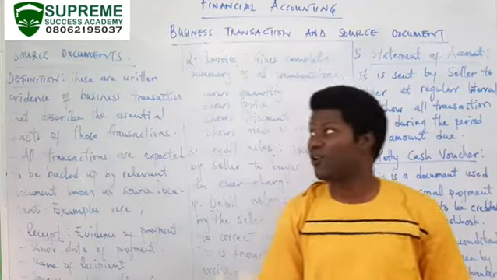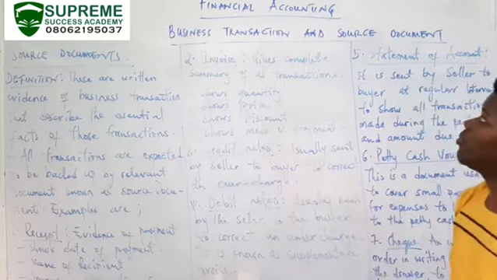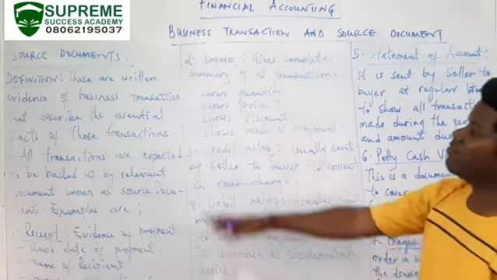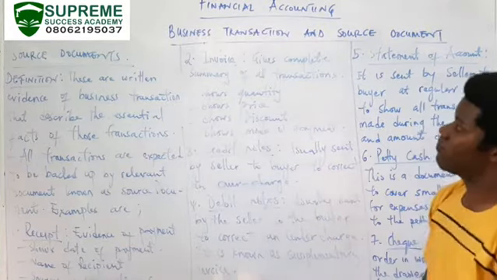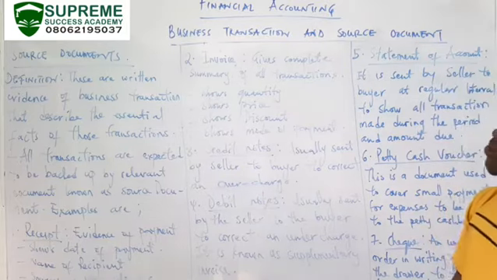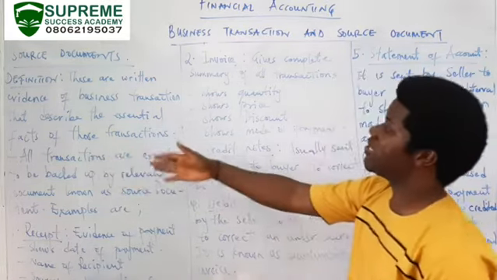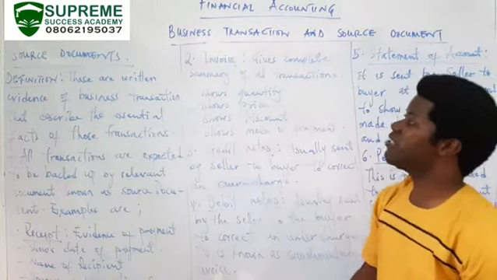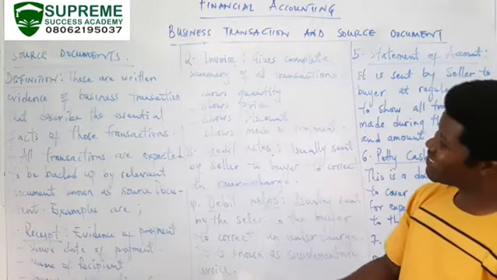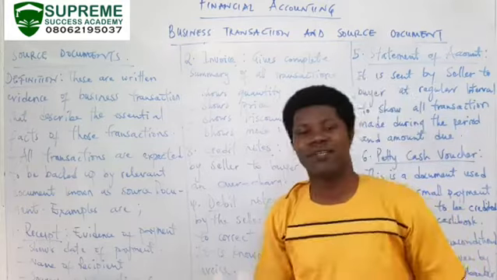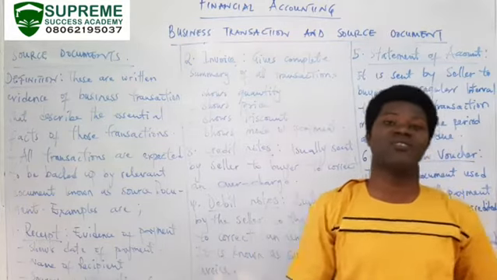So, going forward, the last aspect we are going to be looking at in this section is what we call source documents. By definition, these are written evidence of business transactions that describe the essential parts of those transactions.